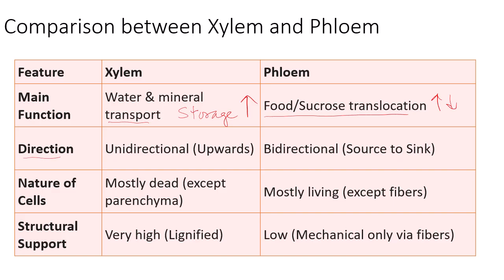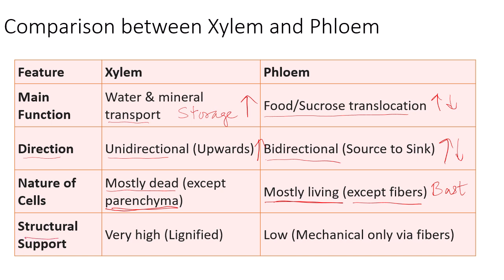Direction-wise, xylem is unidirectional, only upwards, and phloem is bidirectional, upward as well as downward. Nature of cells: in xylem mostly cells are dead, only the xylem parenchyma is living tissue, and mostly the phloem is living except the phloem fibers, or bast fibers, which are dead in the phloem tissue.